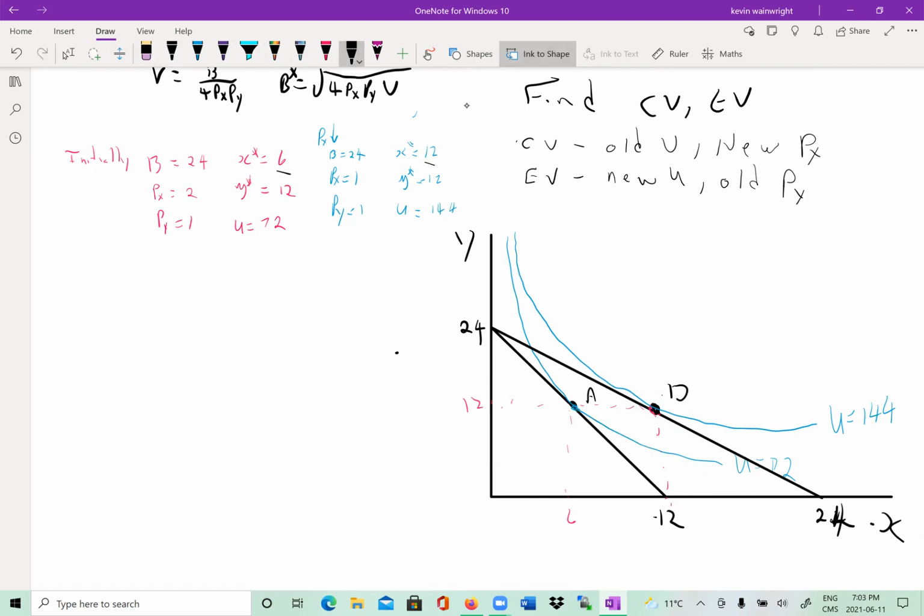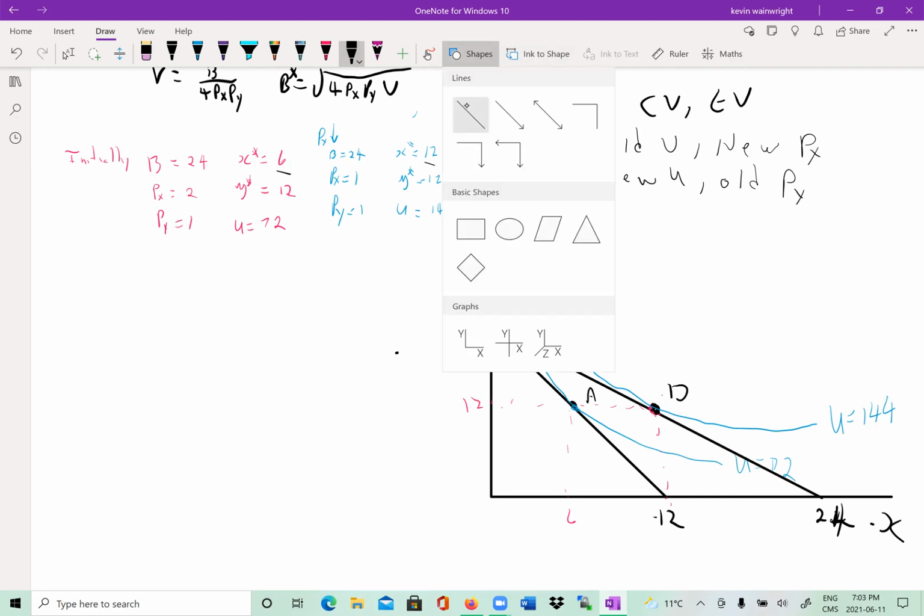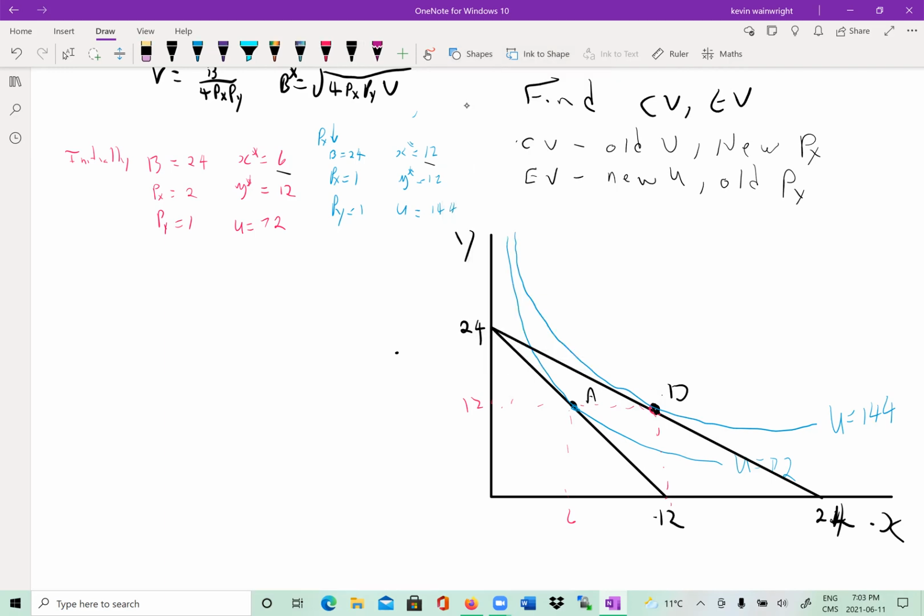And I'll just shift it out this way. And I move to G. Now, I gave up this much income.